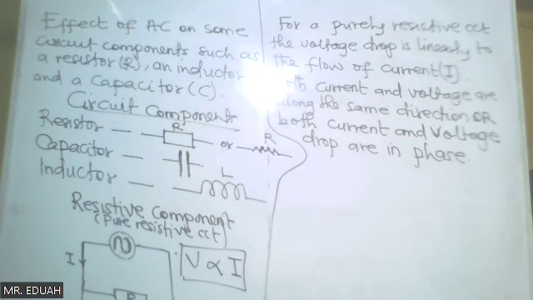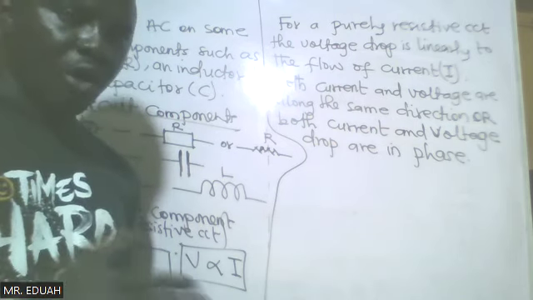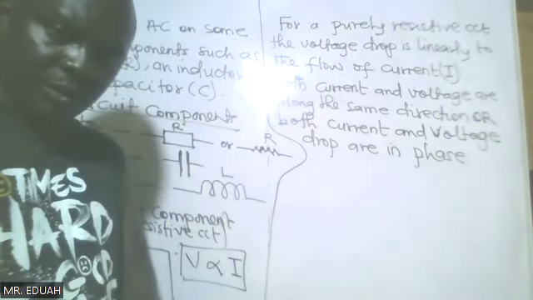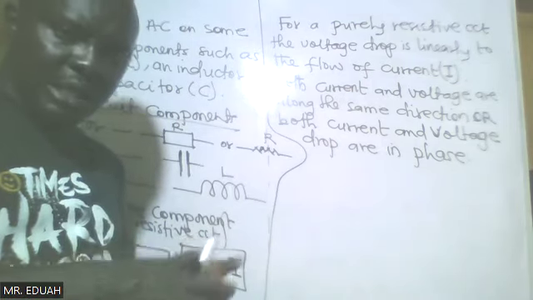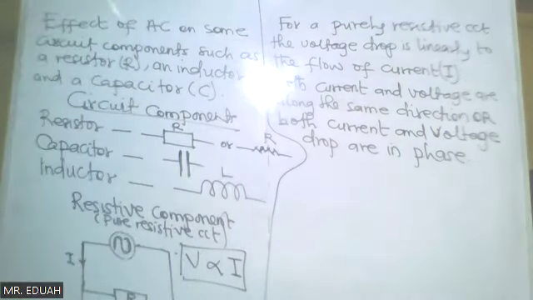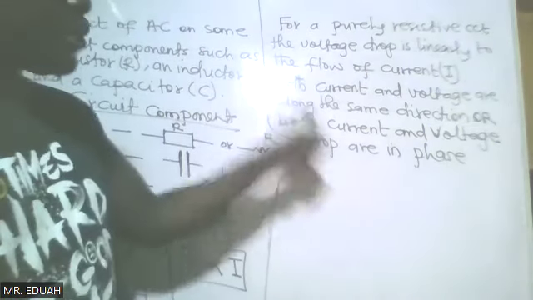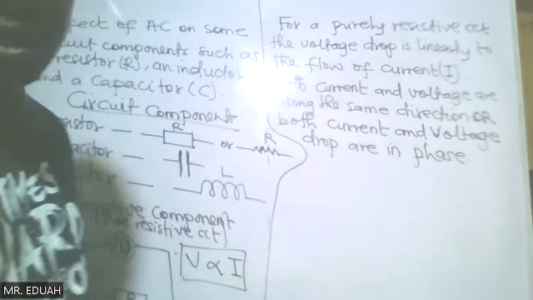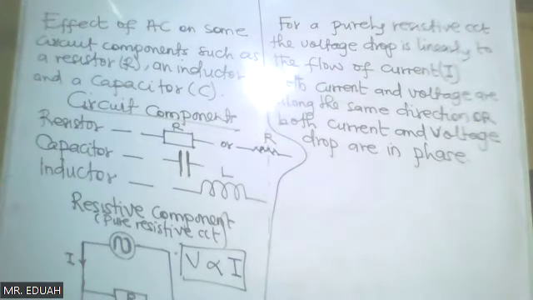So what I'm saying is that when they are in phase, they all reach their maximum value at the same time, get to zero at the same time, and come to negative at the same time. They have their minimum at the same time. So when two quantities are in phase, they occur at the same angle, and they are all along the same direction. So it means both voltage and current are along the same direction, meaning they are in phase.